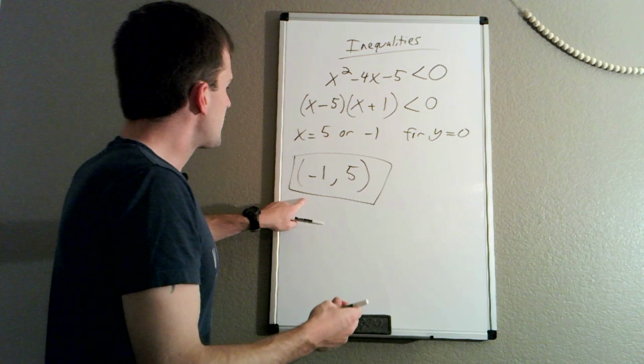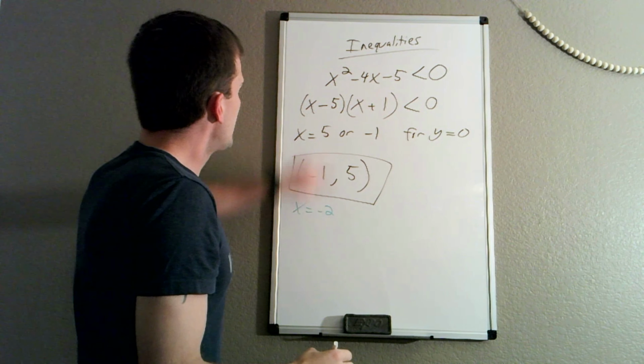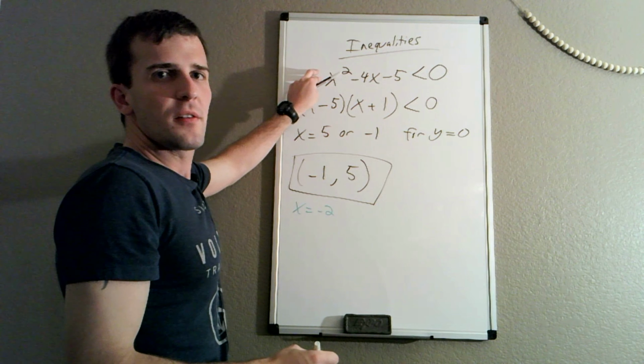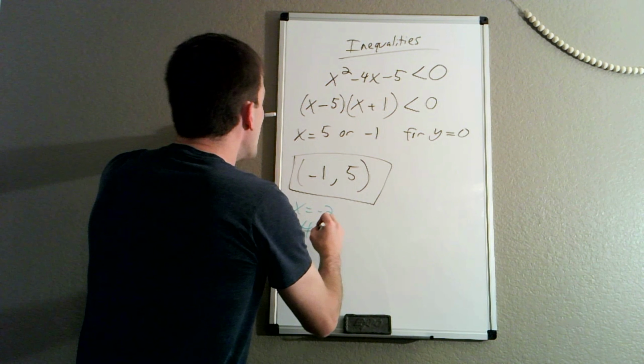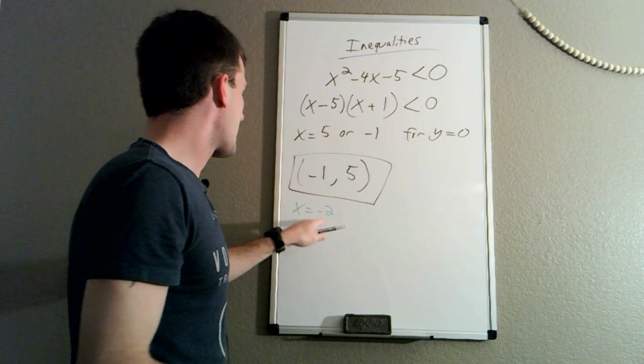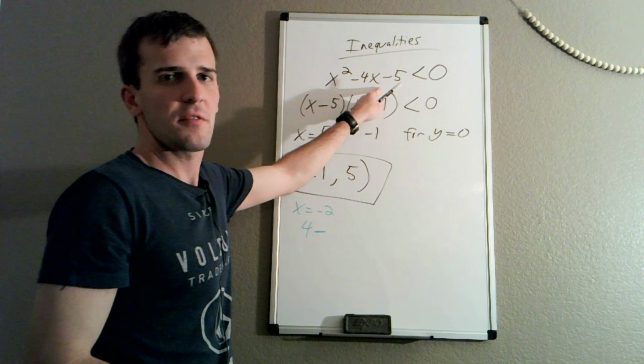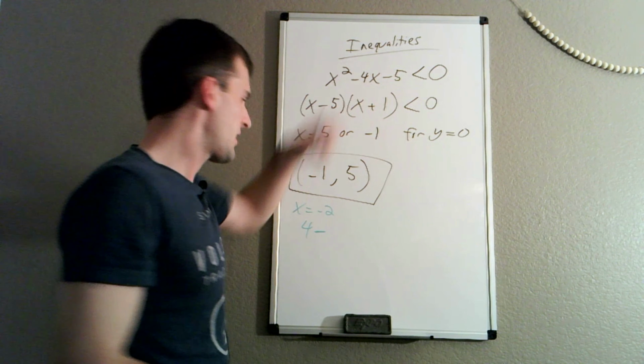So plugging in -2, when x equals -2, x squared is -2 squared, so that's going to be 4, minus 4 times x. Again, x is -2, so it'd be really plus -4 times -2. The negatives cancel out and you get 8.